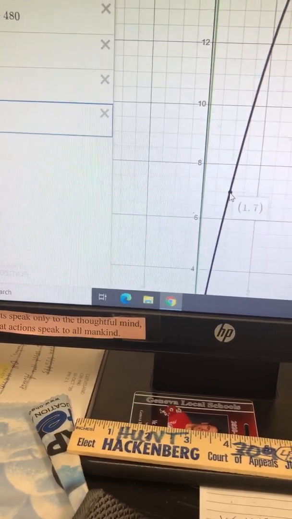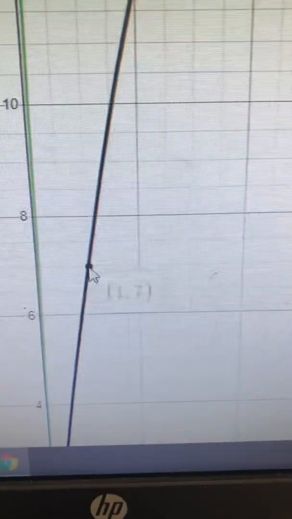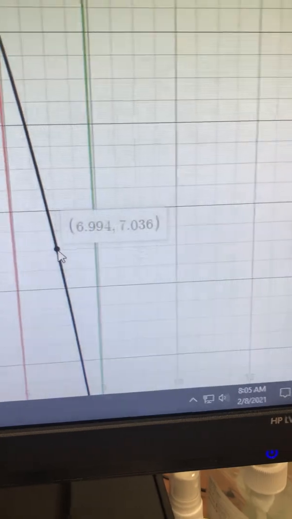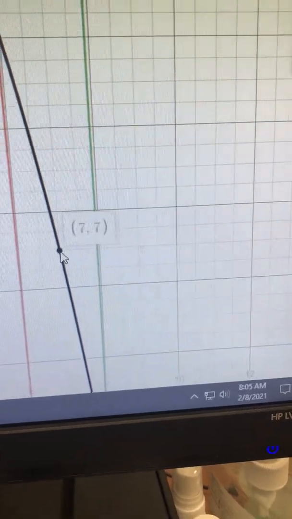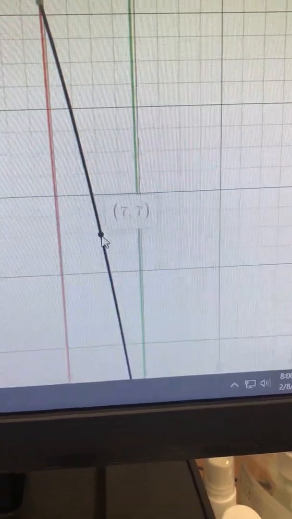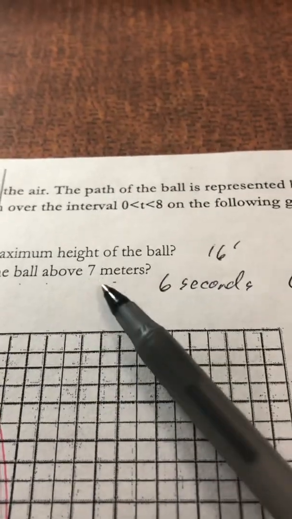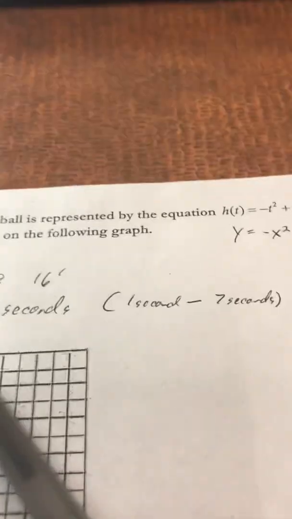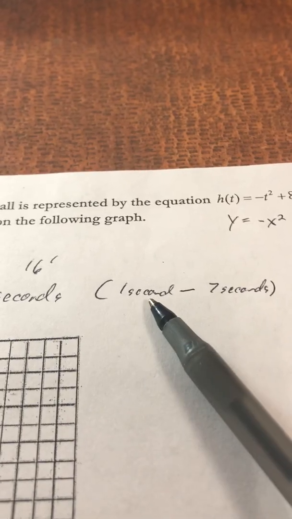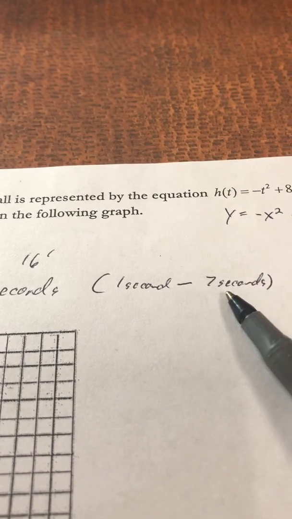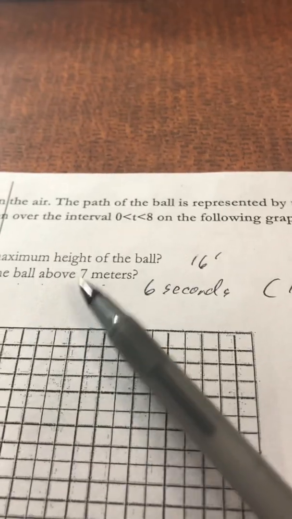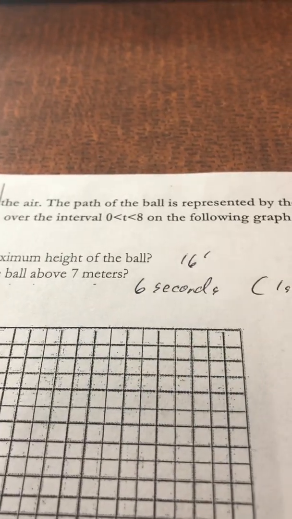So 7 is at 1.7, and then it goes over to here, starts to come down, and 7.7. So the difference between 1 and 7: 1, 2, 3, 4, 5, 6, 7. That's 6 seconds. So 6 seconds that it's above 7 meters. In other words, it's 1 second through 7 seconds. It's going to be above the 7 meters, and that is 6 seconds total.